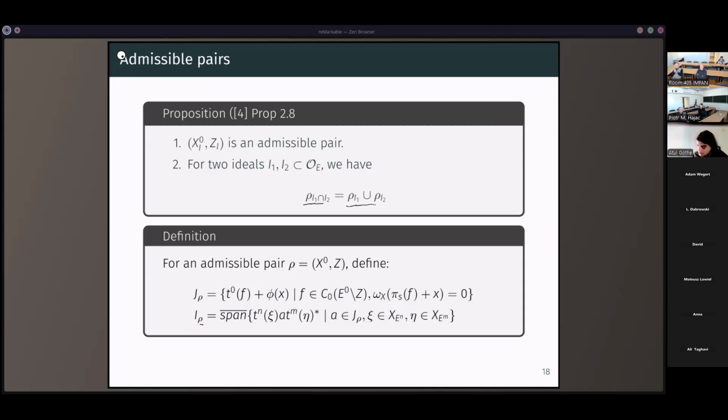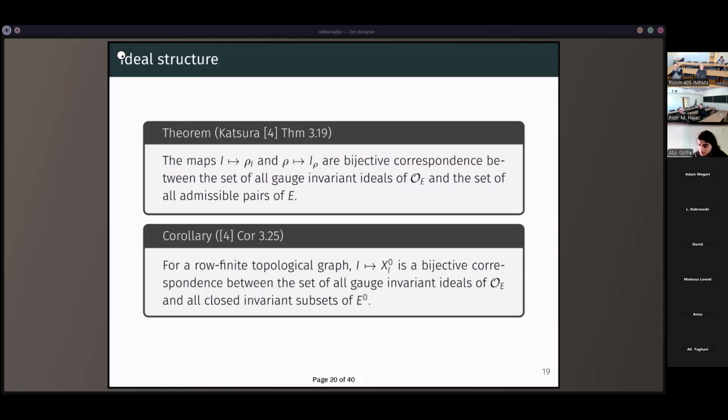And the next result, which is kind of expected, is that if we start with an ideal I, we can end up in an admissible pair corresponding to it, or we can start with an admissible pair and end up in the ideal.